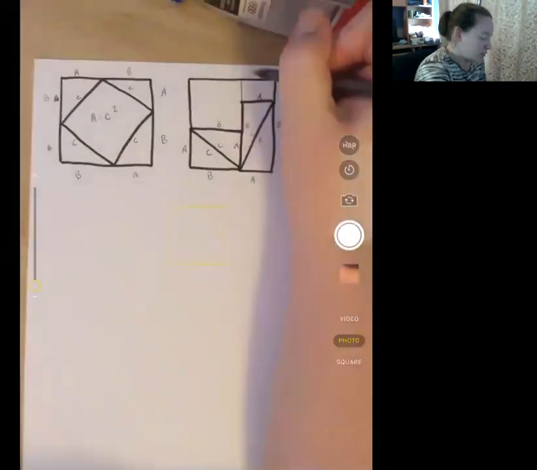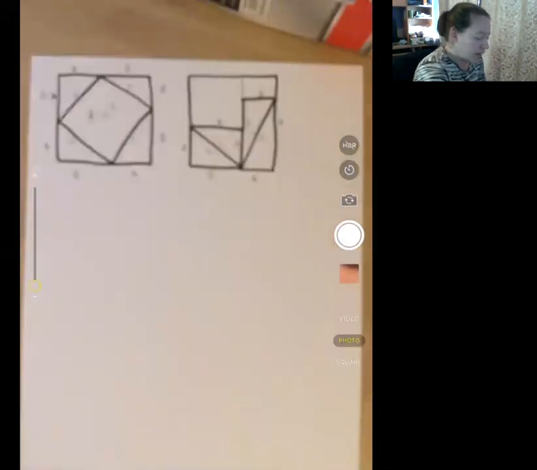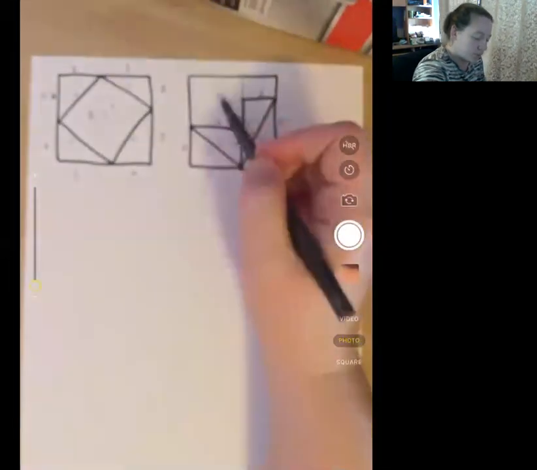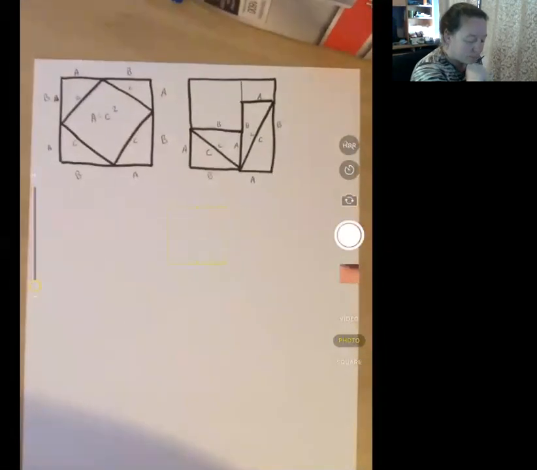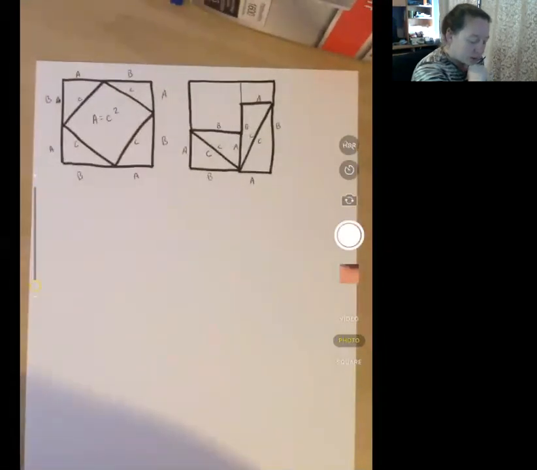It is the area of the unshaded, so right here. What will that area be? Well, it'll be, because that's a box, that's actually a square. So it is B squared.